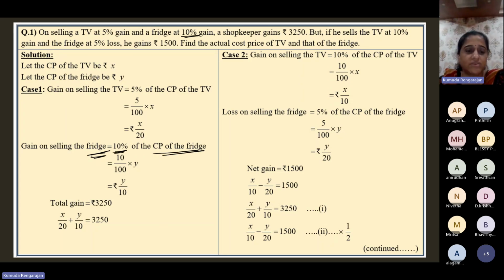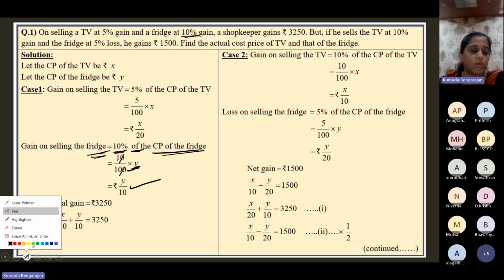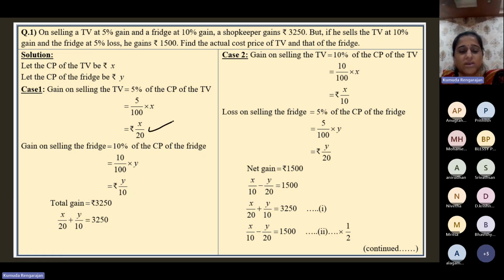So 10 by 100, of means multiplication, cost price of the fridge is Y. So cancel, Y by 10. This is the gain on selling the fridge. What's the total gain? The shopkeeper gains 3250. The total gain, the two gains put together. So that means X by 20 plus Y by 10 is 3250.